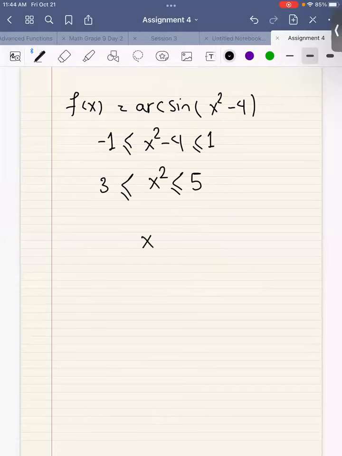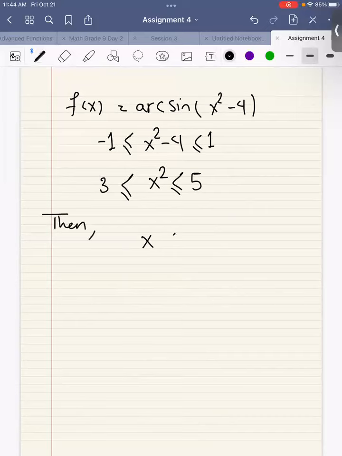So that means x must be between... Okay, so now here this is a little bit tricky. If I tell you x squared is between 3 and 5, what is the solution? Between root 3 and root 5, but also positive or negative.